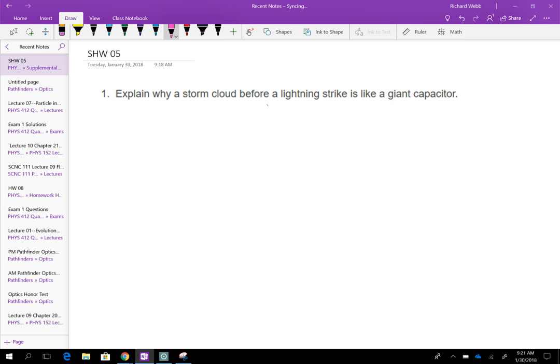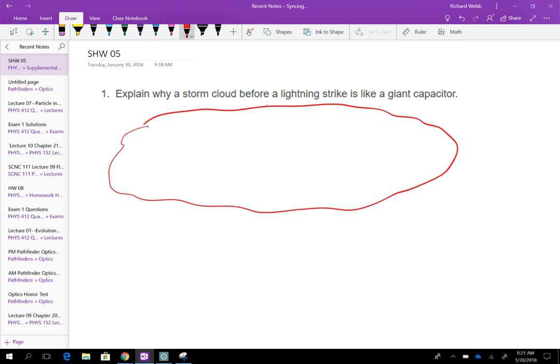So when you have a storm cloud, remember we talked about that in that first lab. What happens in the cloud? Does it polarize?